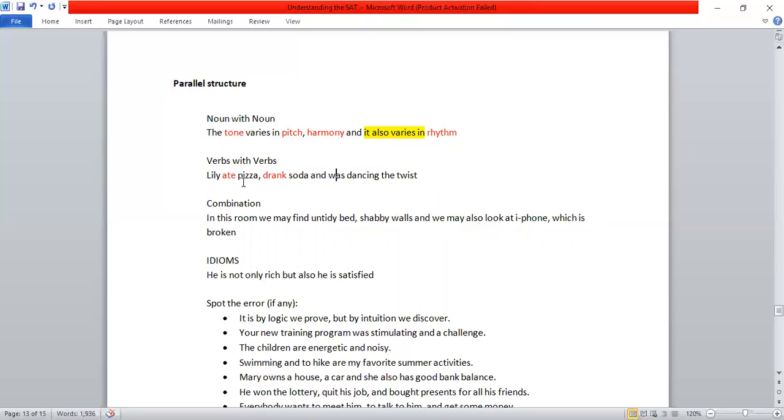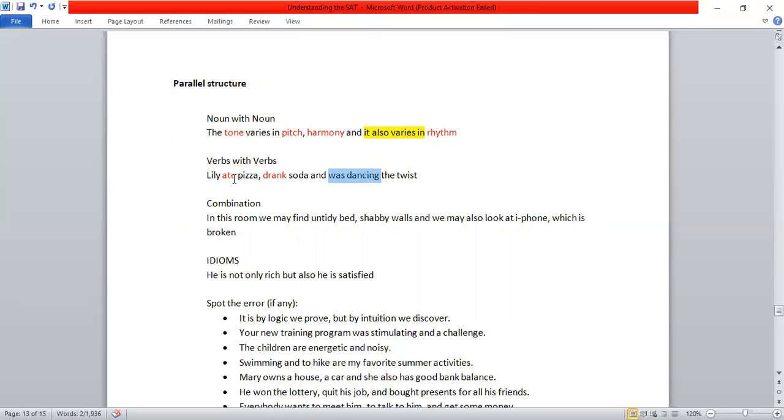Now, I was saying ate, past tense, drank, past tense. Was is past tense, but then was is a helping verb with dancing. So I'm using a gerund and I'm using a helping verb. Now, this does not go very well with these two. It's grammatically fine, as in was dancing, that's okay, but that's not parallel.